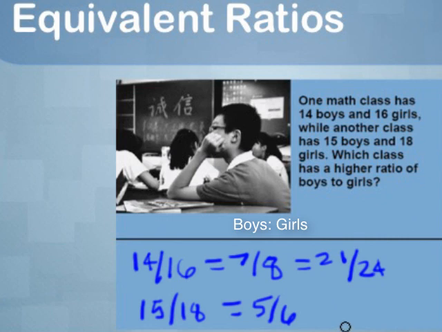For class 2, the equivalent ratio expressed in 24ths is 20/24. As you can see, class 1 has a higher ratio of boys to girls. Any ratio can generate equivalent ratios by creating equivalent fractions. Let's look at another example.